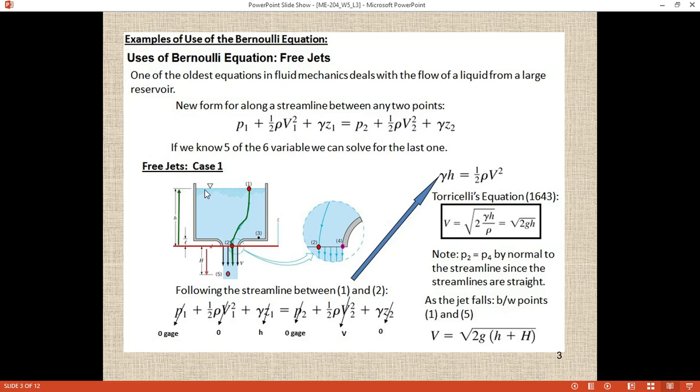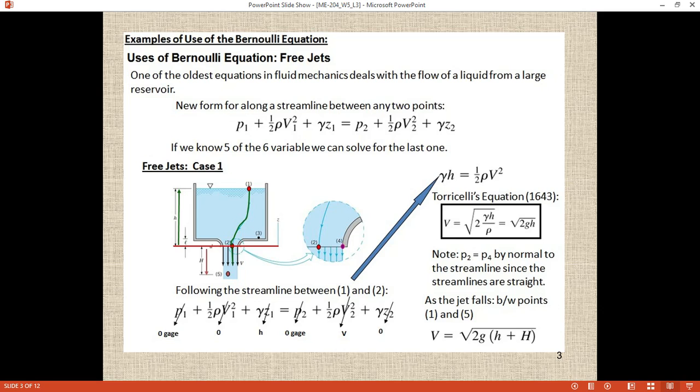The change in position with respect to time will be almost negligible. So the velocity at the top surface of the reservoir will be equal to 0. This is condition number 3 in the case of free jet. Whenever you solve a free jet problem, you must remember these assumptions.